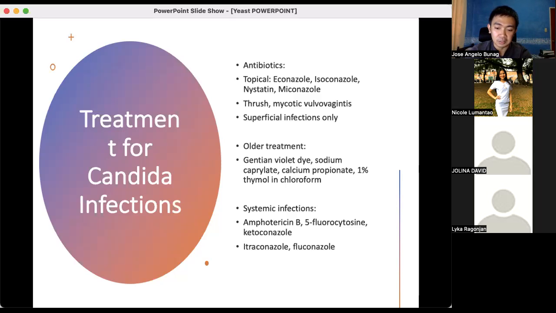Positive control, we have your Cryptococcus albidus. For the negative control naman, we have your Candida albicans.